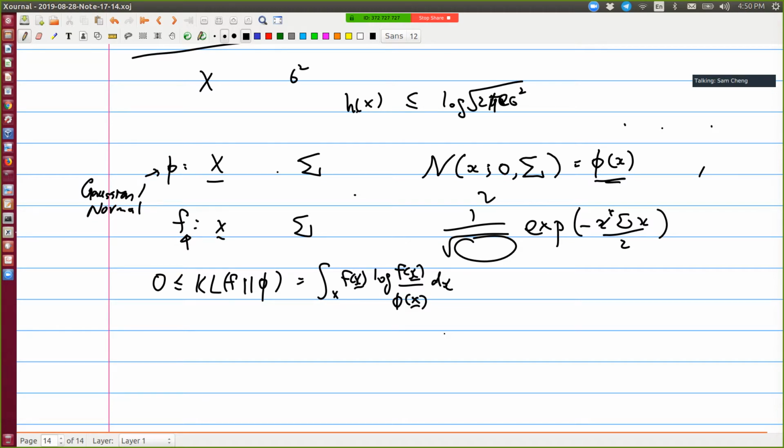Now let's write this down and expand it: the integral of f(x) log f(x) dx, minus the integral of f(x) log phi(x) dx. I'll keep the bar here since x is a vector, but it doesn't matter.